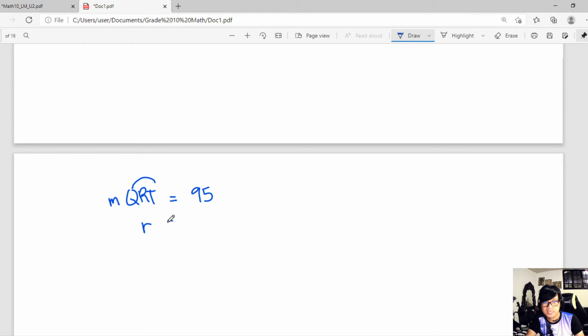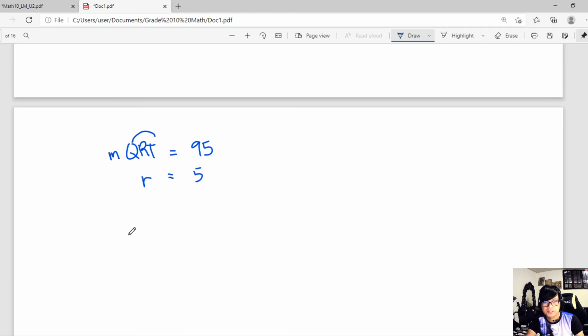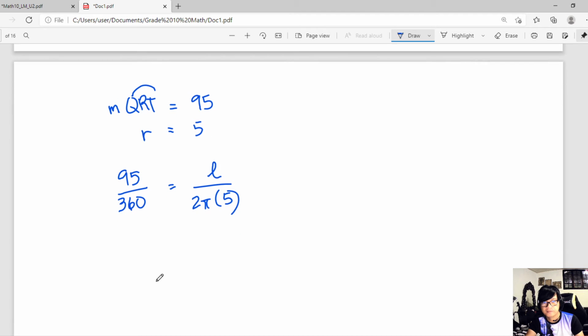Our radius is 5. So this one is 95 over 360 is equal to the arc length over 2 pi times 5. So 95 over 360 equals arc length over 10 pi.